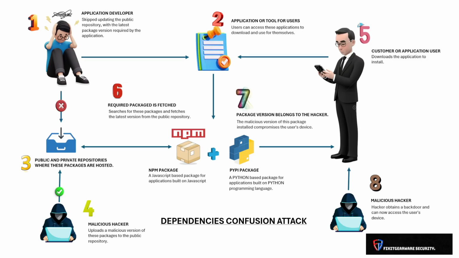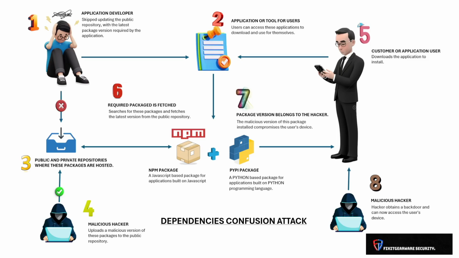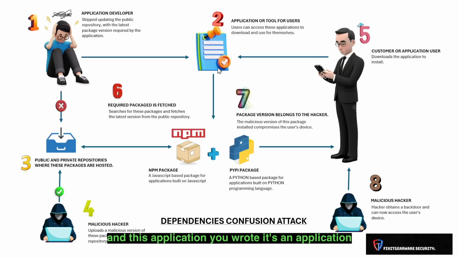Before we talk about the tools for today, let's first understand what a dependency confusion attack is all about. Now, let's say you are this programmer here. You wrote an application that allows a user to view Excel data, or data that are compiled using spreadsheets.